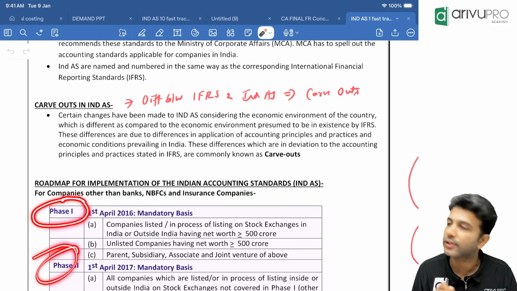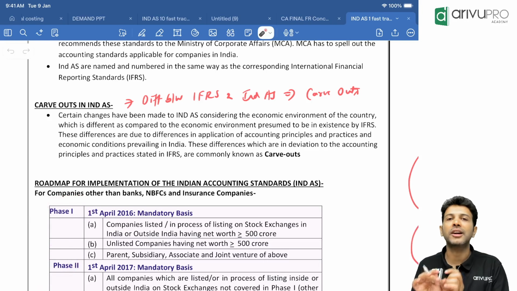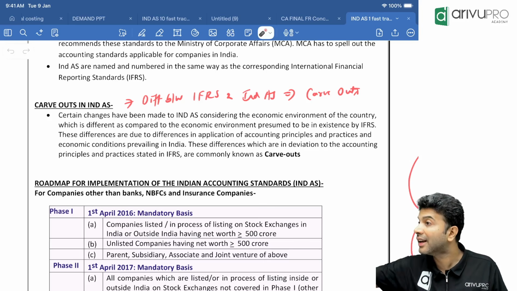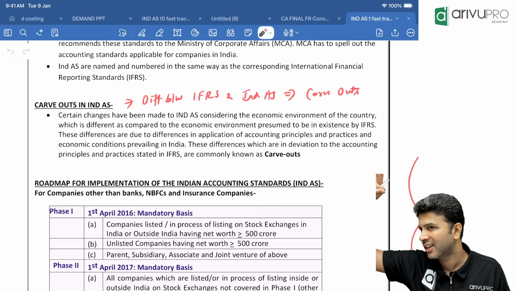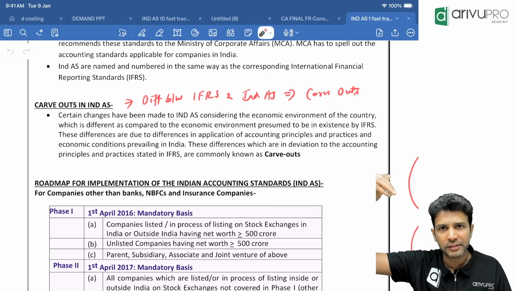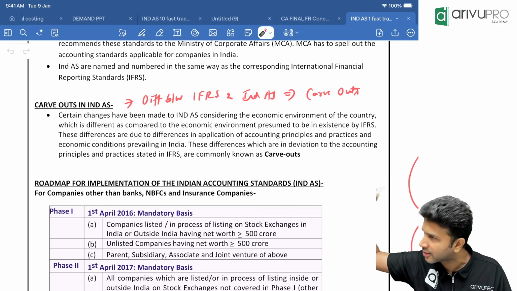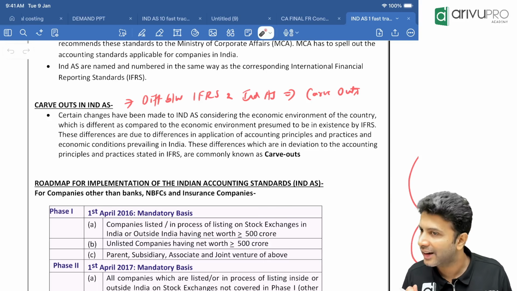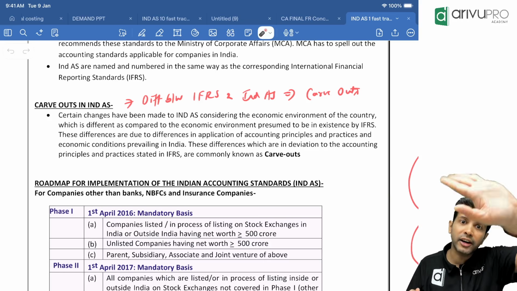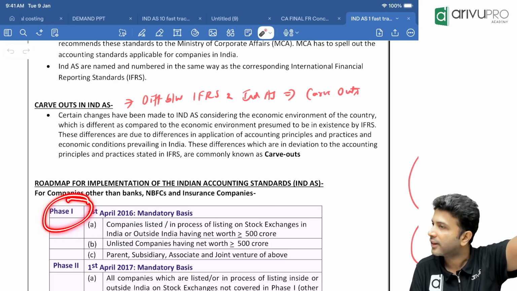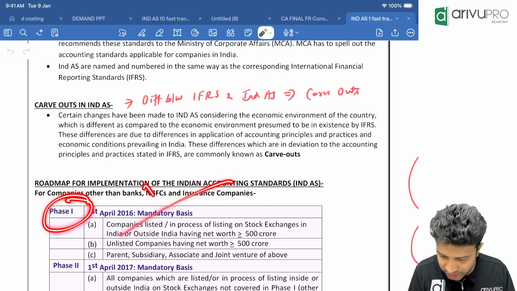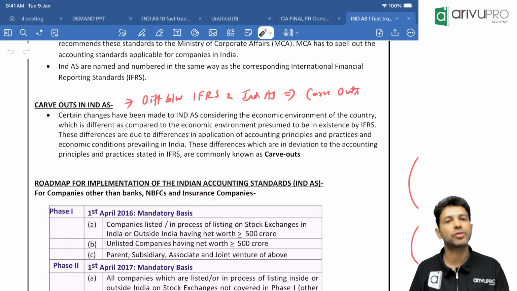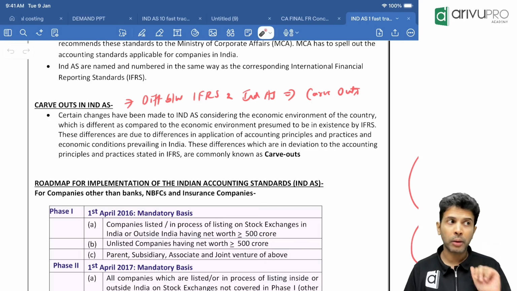So in a nutshell, all listed companies have to compulsorily follow Ind AS, irrespective of their net worth. Their net worth is positive, negative, 1000 crore, 1 crore, 100 crore, doesn't really matter. If you are a listed company, compulsorily you will apply Ind AS. If your net worth is 500 crores or more, you come under phase 1. If you don't satisfy phase 1's criteria, automatically you come under phase 2. Understood everybody?